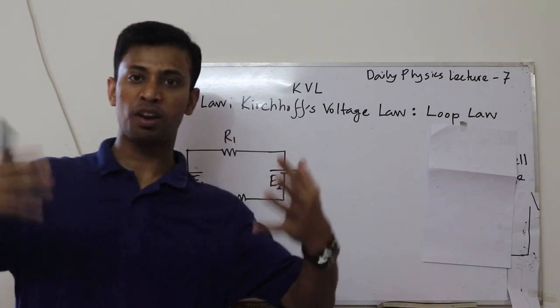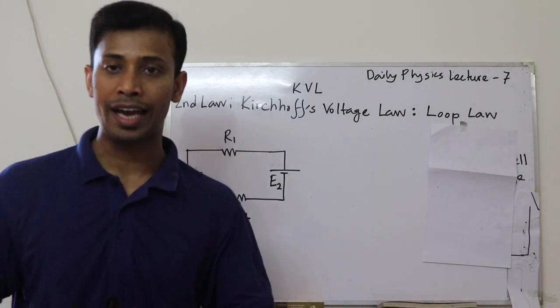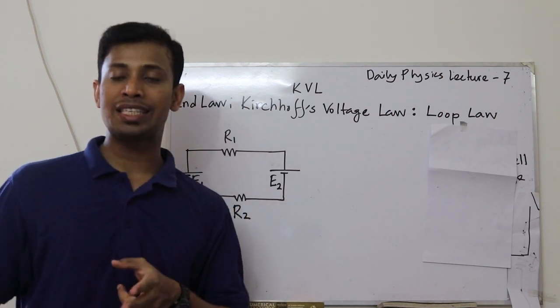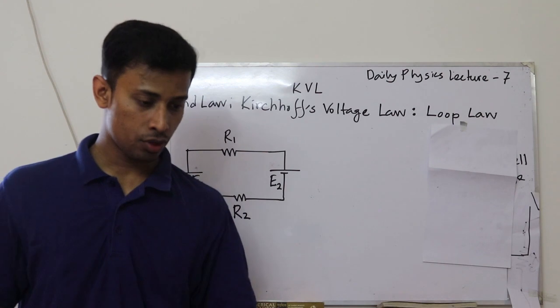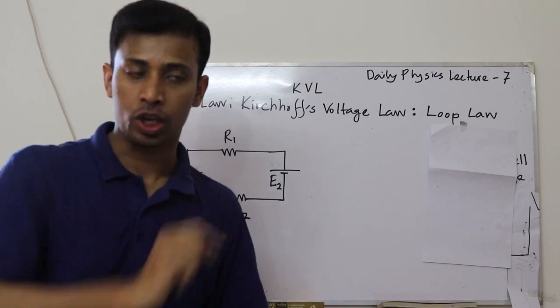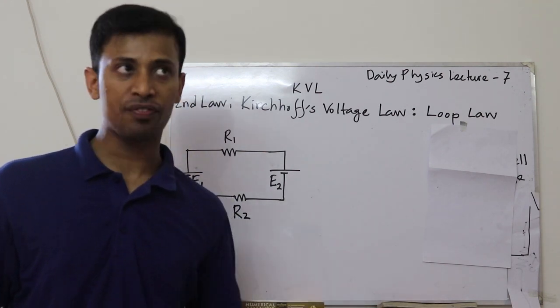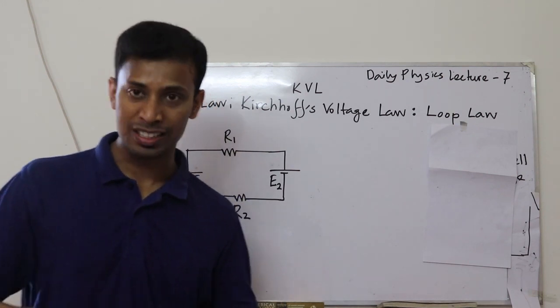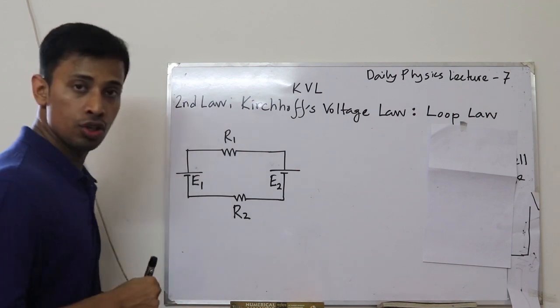Please try to rewind the previous lecture. I already gave you the idea about what is the task of a cell and what is the task of a resistance. Cell provides potential, which we know as the EMF, and resistance consumes potential, which we know as voltage difference or used voltage.